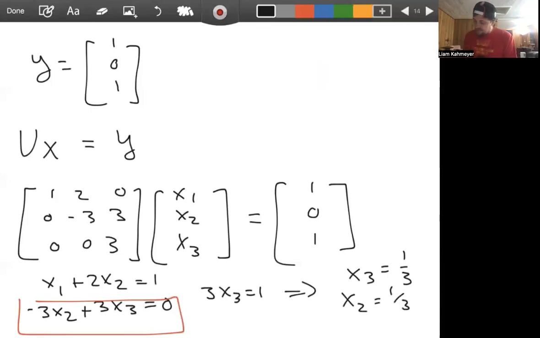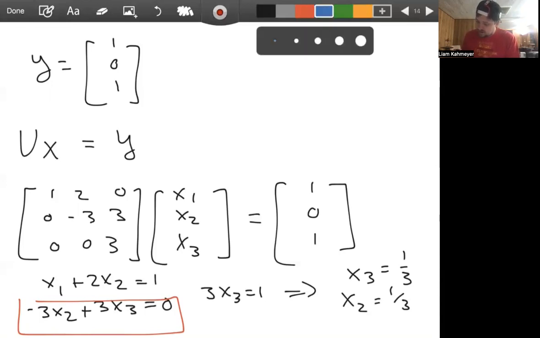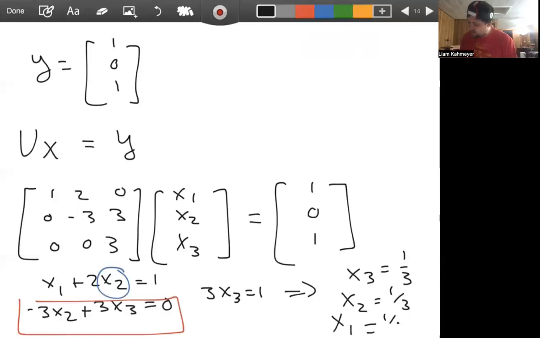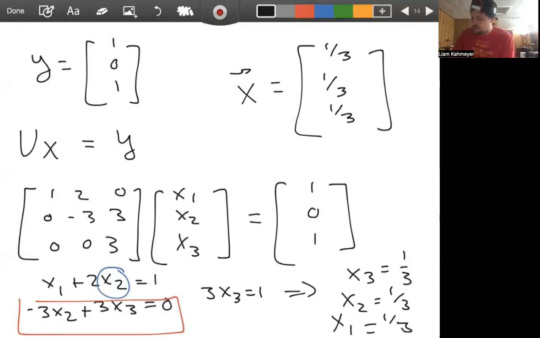But then if you plug in x2 equals 1/3 to the first equation here, then you're getting x1 plus 2/3 equals 1, which means x1 is also 1/3. And so our solutions here, we have a unique solution to this system of 1/3, 1/3, 1/3.